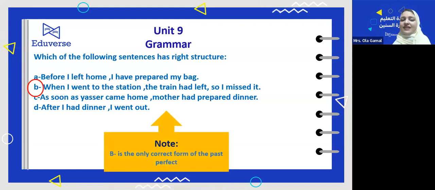C: As soon as Yasser came home, mother had prepared dinner. D: After I had dinner, I went out. Which one has the right structure? Yes, very good. It's B. When I went to the station, the train had left, so I missed it. This is the right structure because the first action, the train left, is had left. I went to the station is the second action. So after when we use the second action in past simple, and then the first action in past perfect.